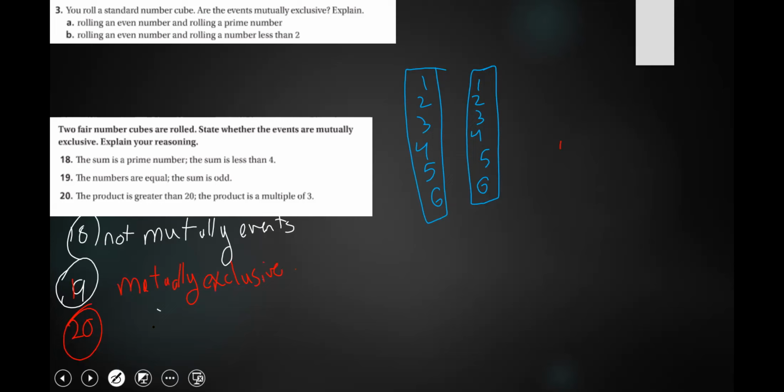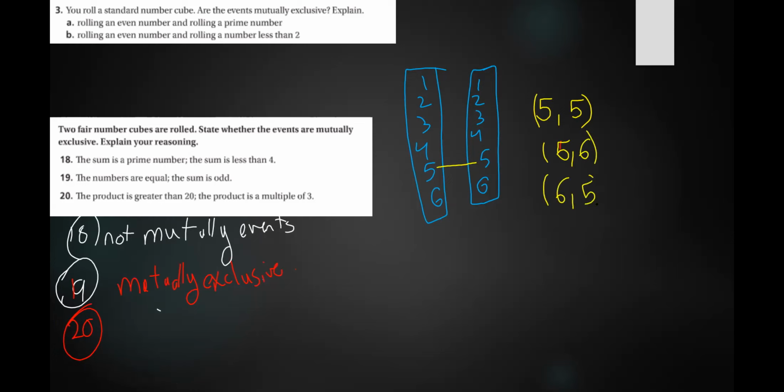Give me the numbers from here that if you multiply them, you get a product greater than 20. 5 and 5, 5 and 6, 6 and 5, 6 and 6. 5 times 5 is 25, 6 times 6 is 36. They are greater than 20.